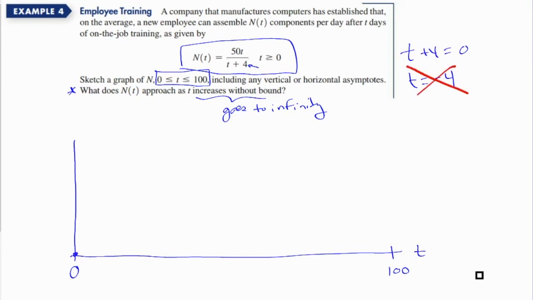Now we want to look for any horizontal asymptotes, and since the degree of the denominator is 1 and the degree of the numerator is 1, we take the lead coefficients, and we can say that the horizontal asymptote is y equals 50 over 1. So we'll go up to 50.